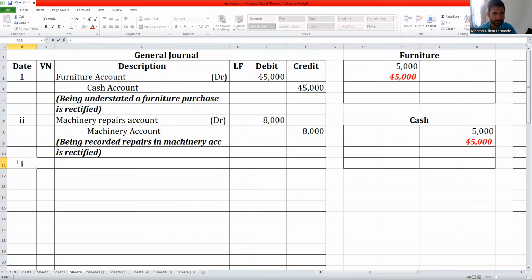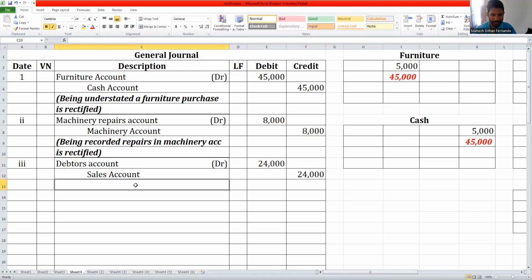Number 3. Debtors account debit 24,000 and credit the sales account 24,000.